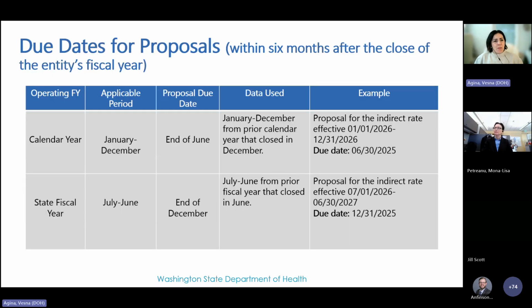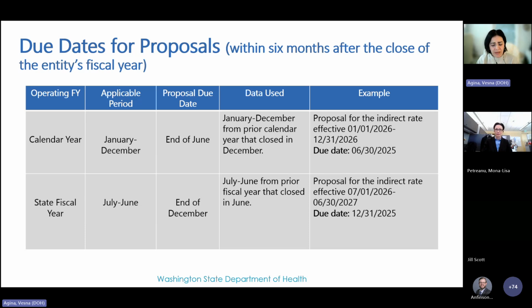This is just a reminder for the entities that submit their indirect rate proposals to us. Per 2 CFR 200, indirect rate proposals are due 6 months prior to the beginning of your fiscal year. It can be a calendar year or state fiscal year. I've also seen some entities that utilize the federal fiscal year.